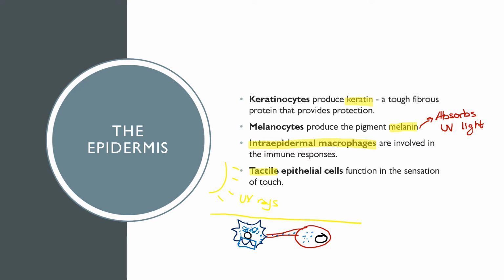And then lastly, these tactile epithelial cells. These are located in the deepest layer of the epidermis, and they contact the flattened processes of a sensory neuron or a nerve cell like we saw in the last slide. And this is on a structure called a tactile disc or a Merkel disc. So, again, just a quick picture here. We have these tactile cells, these Merkel cells, and they attach to this tactile disc or Merkel disc.